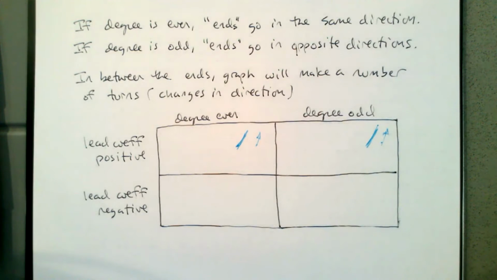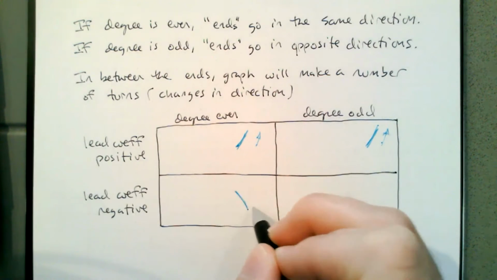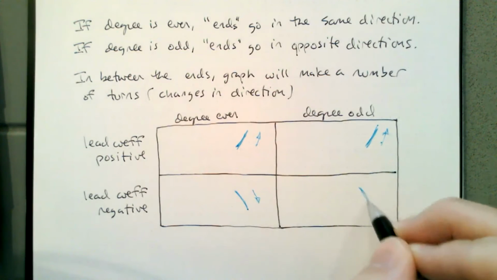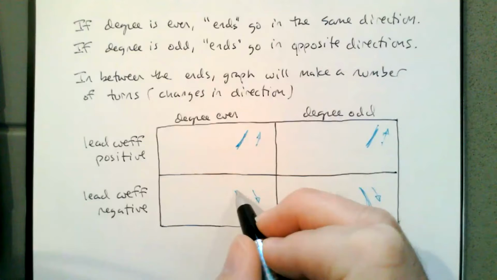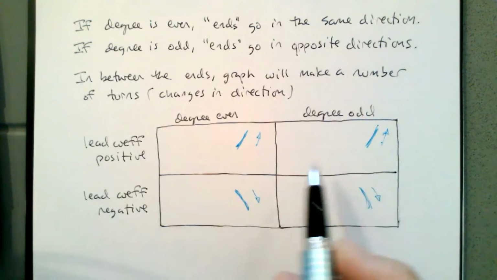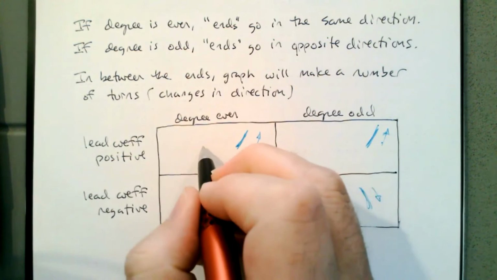If the leading coefficient is negative, then the graph falls to the right. In between the two ends, the graph will make a number of turns.